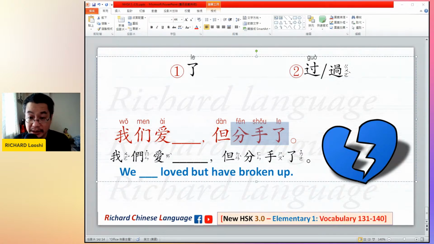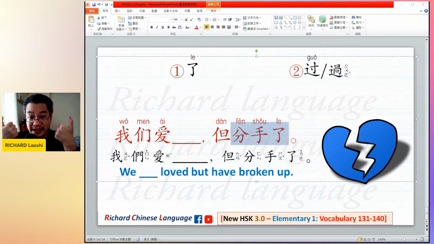我们爱过，但分手了。好，爱过。Why? First of all, you're talking about the experience. We have loved sometime in the past. But now the situation has already changed. You're not loving each other anymore. You have broken up, right?